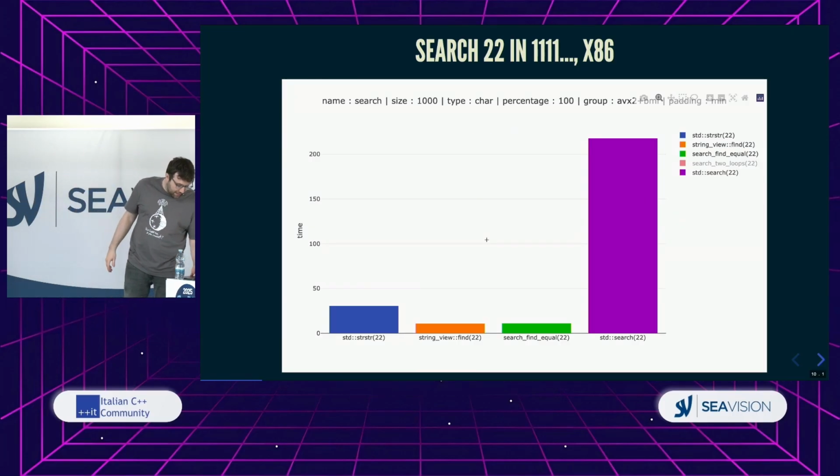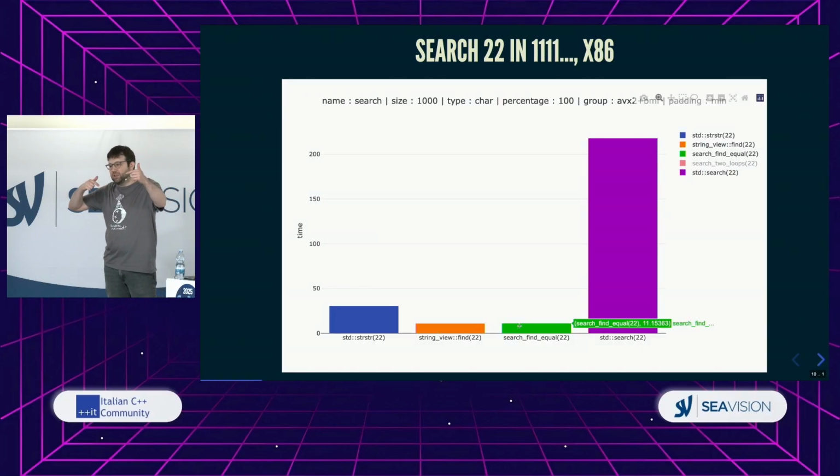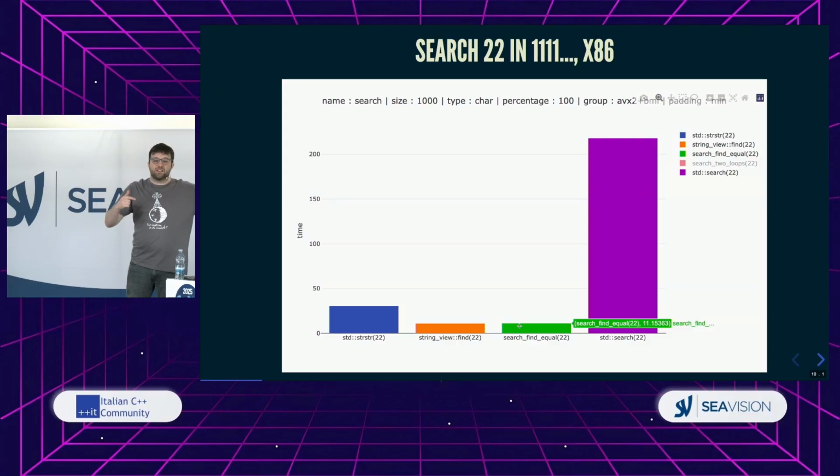Okay. The next one is strstr, which is about 7 times faster than standard search. And it is about 3 times slower than our find plus equal and string view find. String view find, turns out, is just implemented as memchr followed by memcmp.